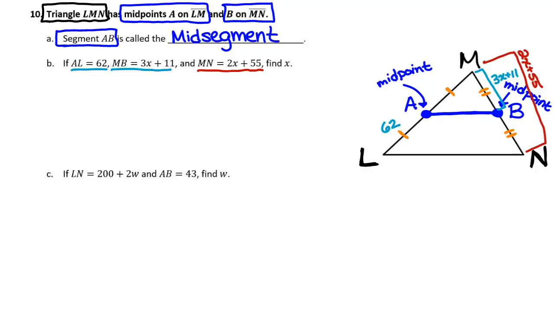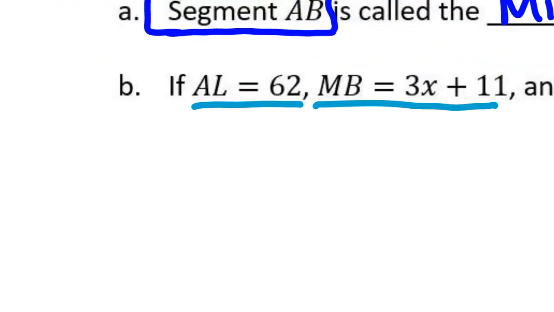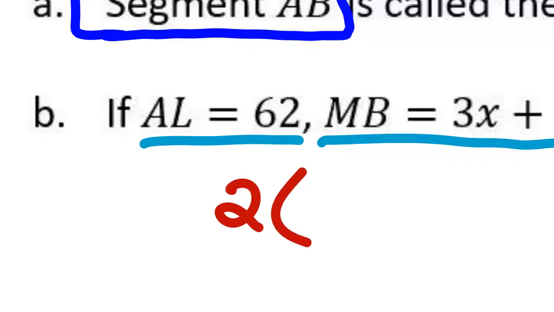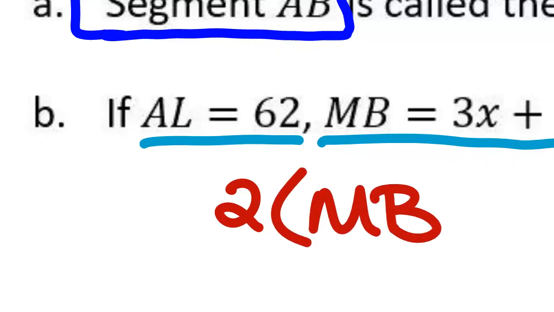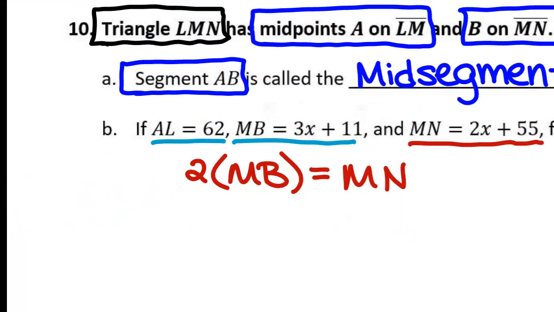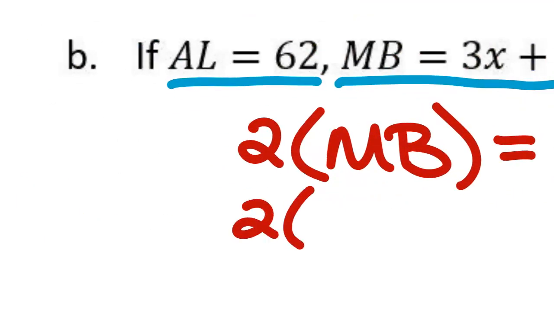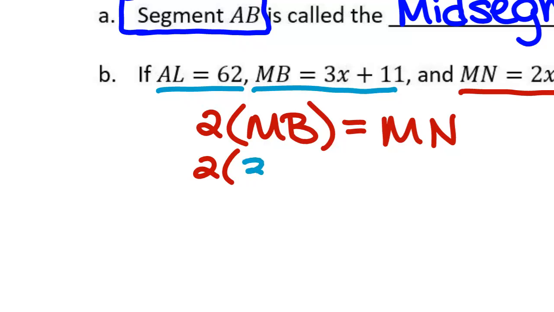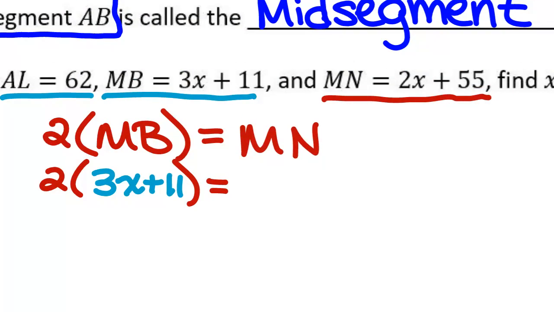How many segments the size of MB would it take to make the whole side of MN? 2. So 2 segments the size of MB equal MN. So 2 times 3x plus 11 is equal to 2x plus 55.